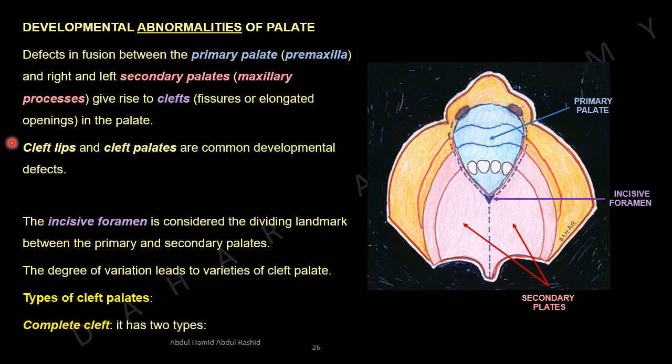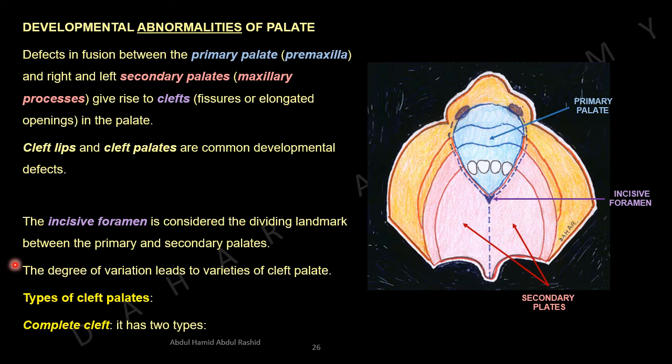Cleft lips and cleft palates are common developmental defects. The incisive foramen is considered the dividing landmark between the primary and secondary palates. The degree of variation leads to varieties of cleft palate.